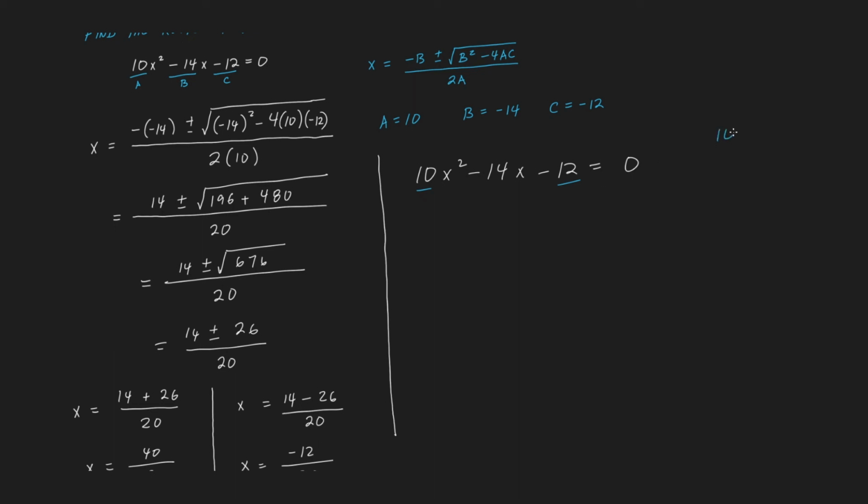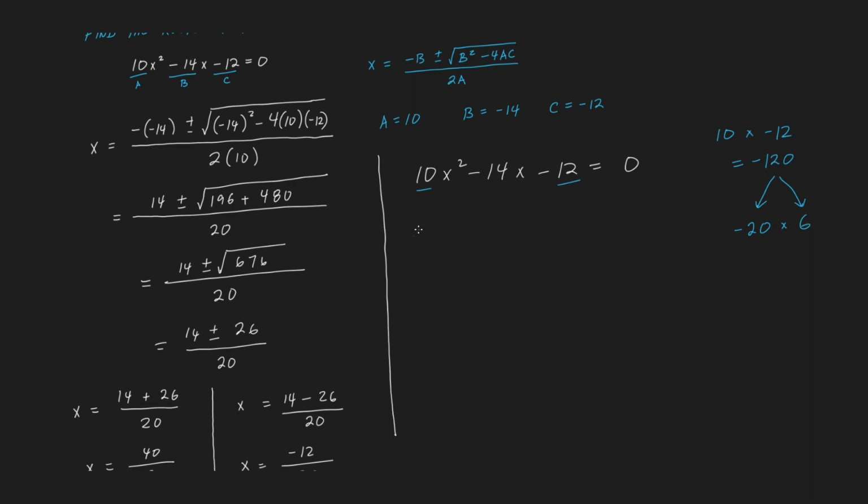So 10 multiplied by negative 12 gives us negative 120. We need to think of factors of negative 120 that will add up to negative 14. I think we can do negative 20 times 6, because negative 20 plus 6 gives you negative 14.